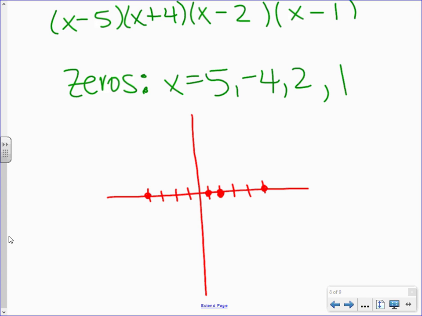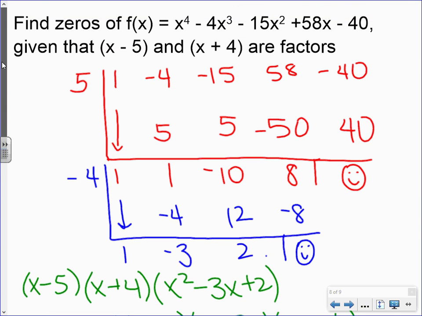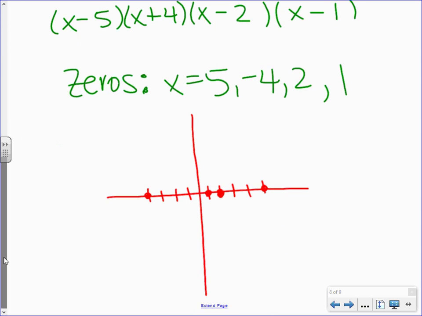If I asked you to graph it, we could plot those zeros. We have a leading coefficient that is positive, so the right is rising. We have an even degree function, so the left is also rising.